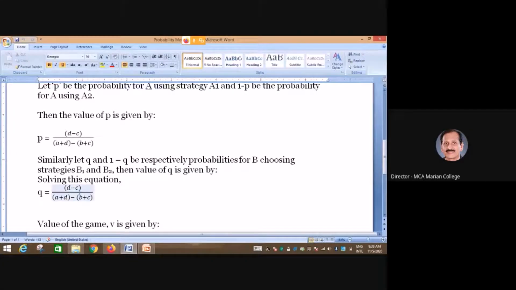Yeah, this is D minus B instead of D minus C. This is D minus B.